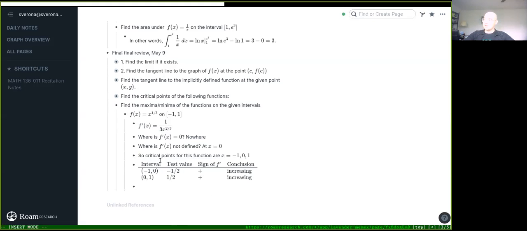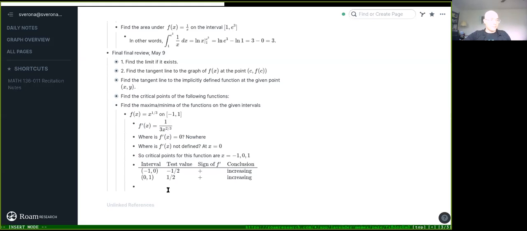Well, it's increasing to the left of 0, so it can't be a min because I was increasing before I got to 0, and I'm increasing after I got to 0, so it can't be a max. So 0 is just kind of a place where the derivative does something weird, but it's not a minimum or a maximum. So really what this function is doing over this interval is it never stops increasing, right? So wherever you look, it's increasing.